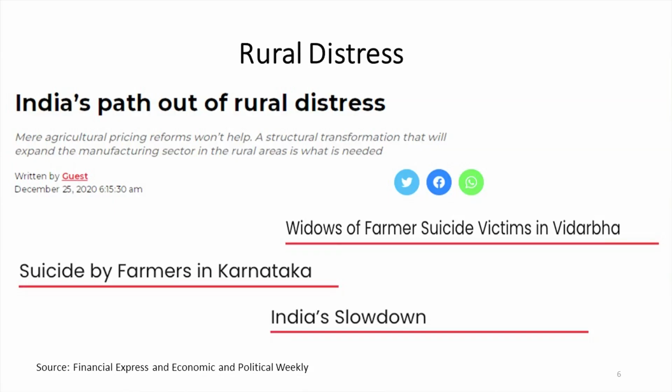You would be able to see some pictures which have been taken as news articles from Financial Express and Economic and Political Weekly, where they have highlighted India's path out of rural distress. They have talked about widows of farmer suicide victims in Vidarbha, suicides by farmers in Karnataka.